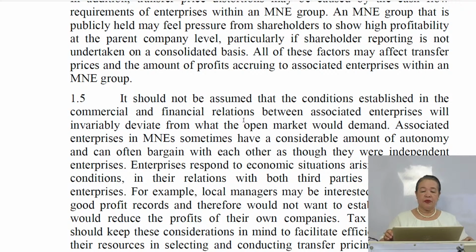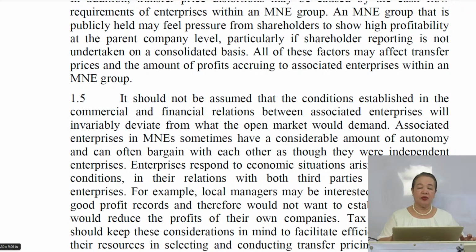So all of these factors may affect transfer prices and the amount of profits accruing to associated enterprises within the M&A group. So whose profit should it be? Especially if the operation is highly integrated, the problem will crop up that between the members of the group, only one member is showing an income, all the rest are having a loss.